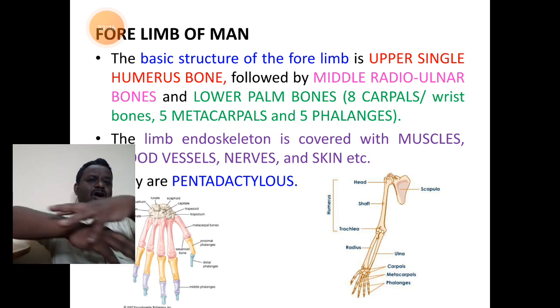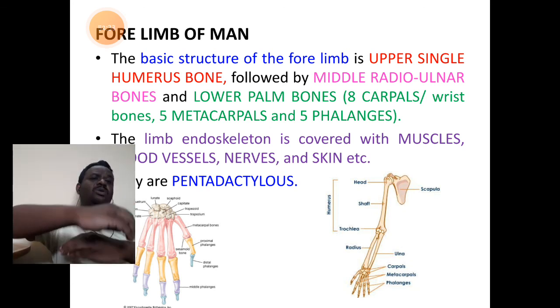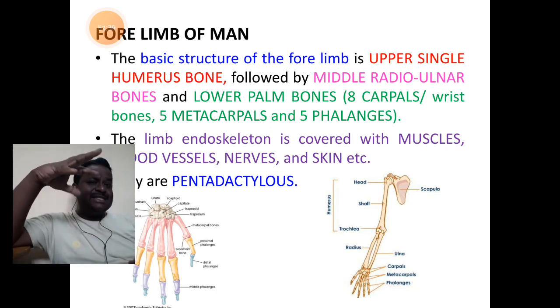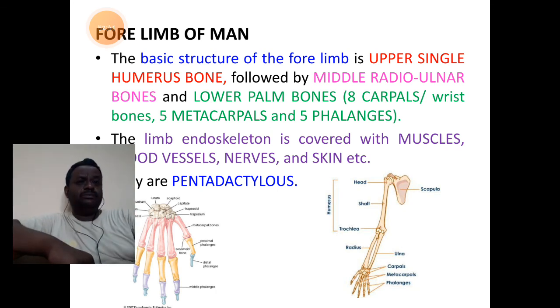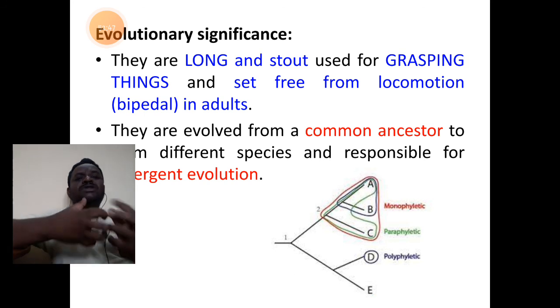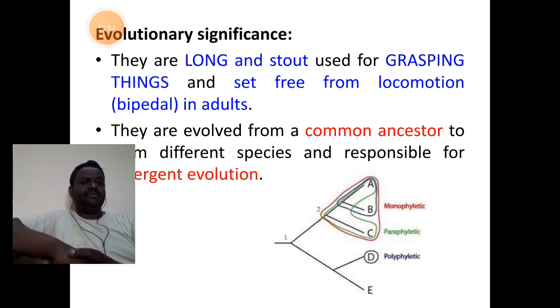So, this structural organization remains same. Then these limbs are covered over by muscles, blood vessels, nerves and the skin, showing pentadactylous limbs. We have long, stout forelimbs used for grasping things, holding things.